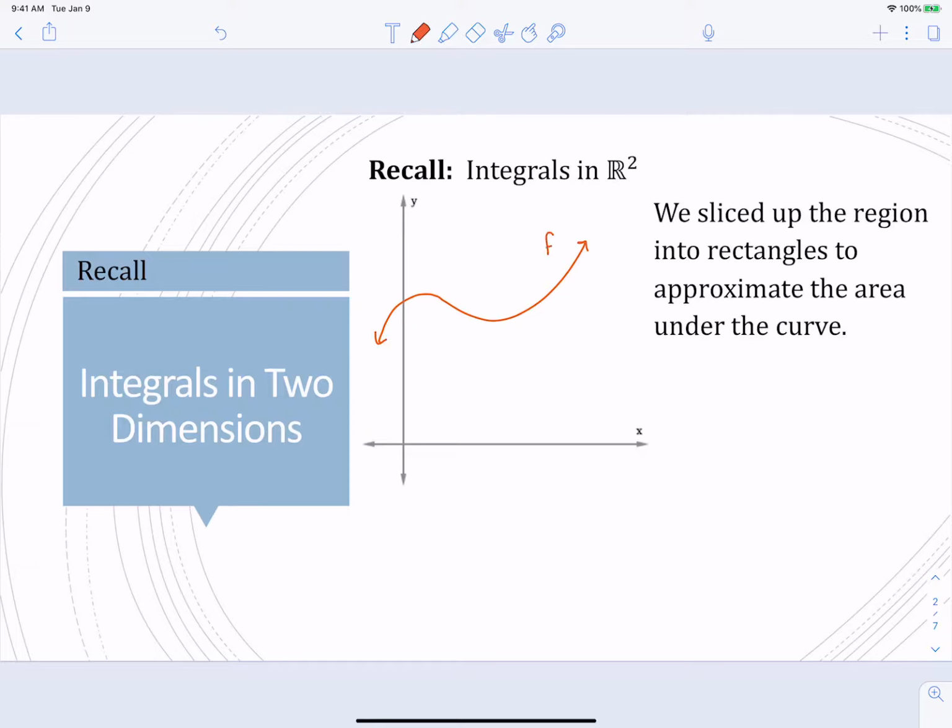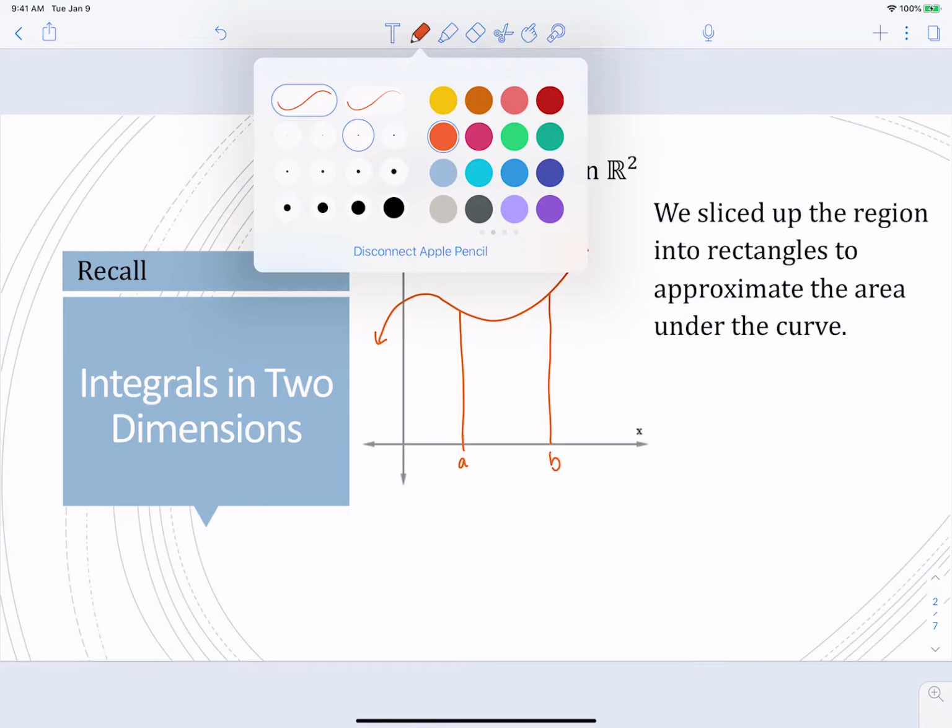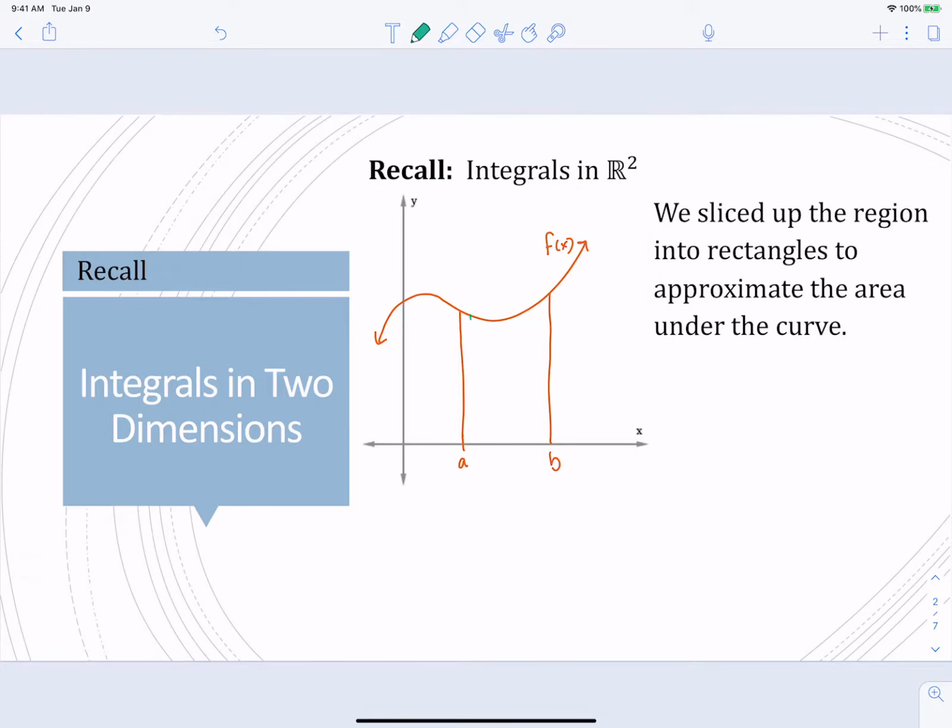So, for example, when we had some sort of function f in 2 dimensions, we would look at it from a to b, and we would take that region and slice it up into little rectangles and add all of those up. This was a way that we could approximate the area under this curve from a to b, in between the curve and the x-axis.